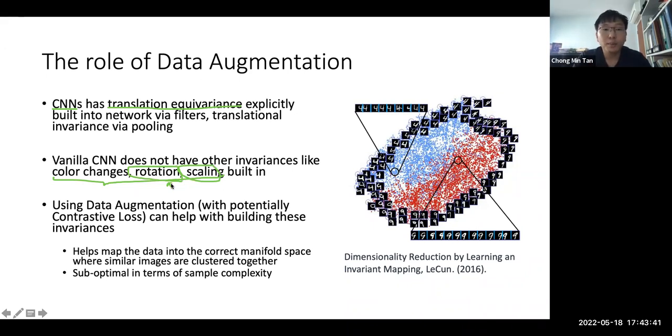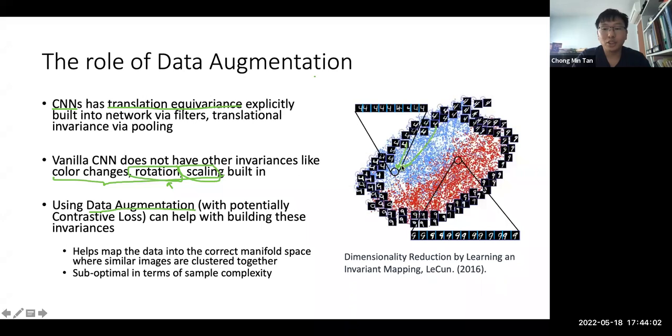So what people have done is a cheating way, or rather a way to get the performance without changing the network structure too much: they use data augmentation to let the network know, given this input, what class to map into.